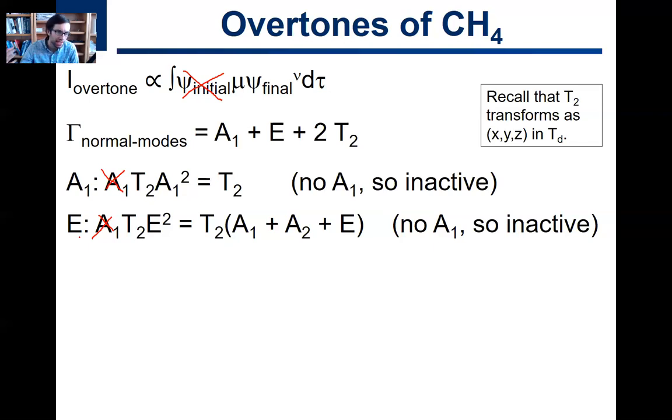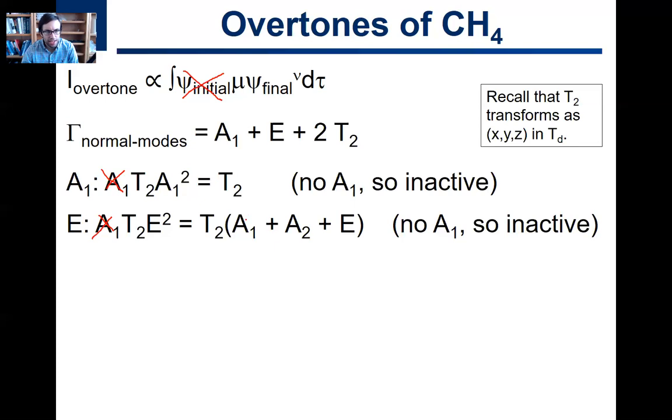You're asking the question, is the E overtone active or could it be? So for E squared, you're going to have to calculate this out or look this up, right? But E squared is going to reduce to A1 plus A2 plus E. And now your integral has a symmetry of T2 times A1 plus A2 plus E. You could evaluate this out if you really wanted to, but you don't have to.